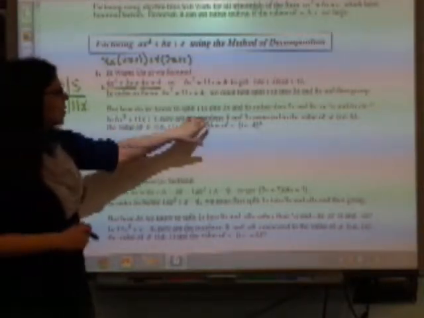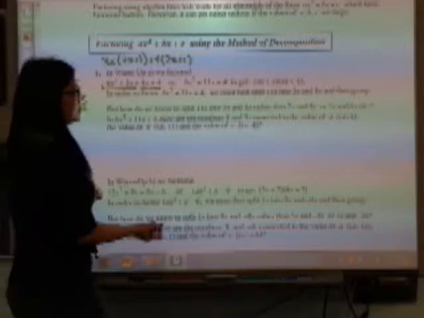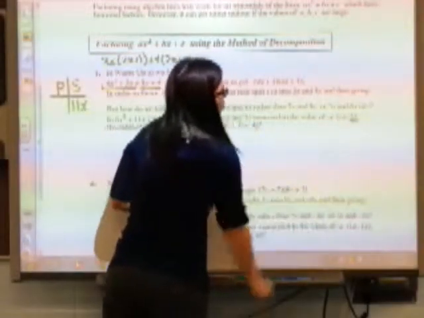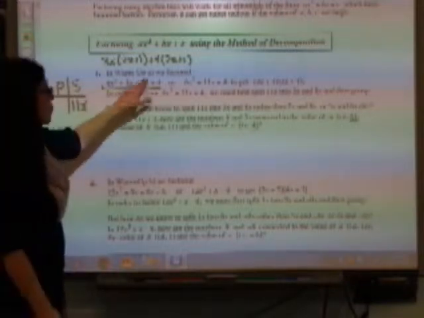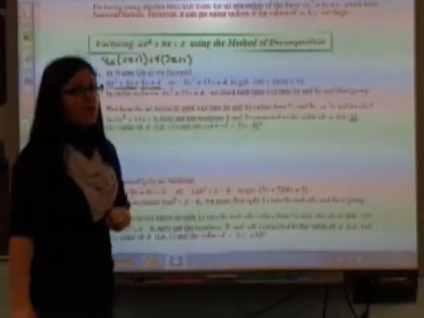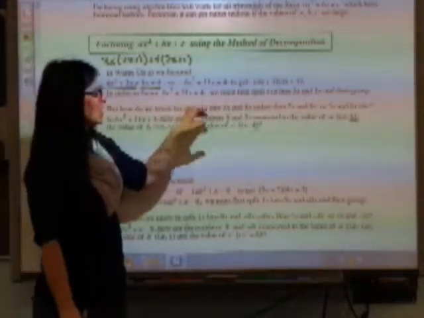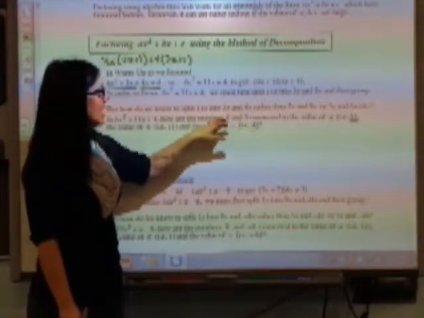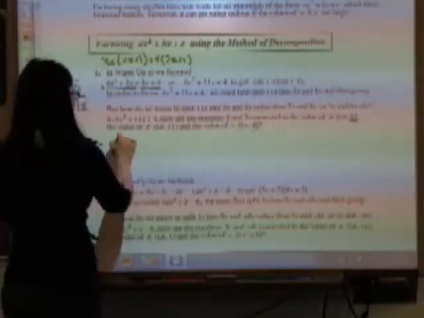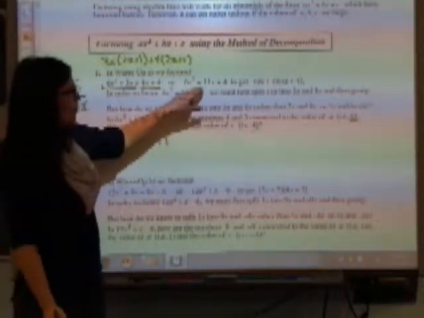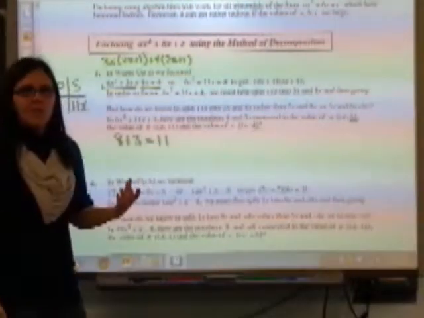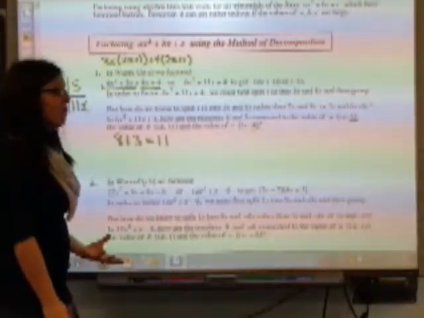Well, how are the numbers 8 and 3 connected to 6 and 4? Because before, when we were doing our product and sum chart, the sum was the middle term, so I get the sum of 11. But how do I get the 8 and 3? I know 8 plus 3 equals 11. But how do I get that connection to the 4? Or is it just the 4?